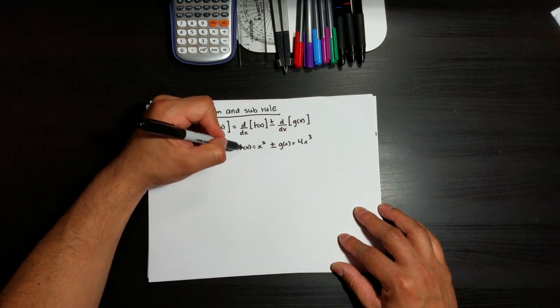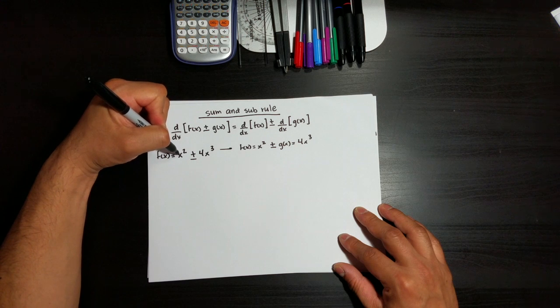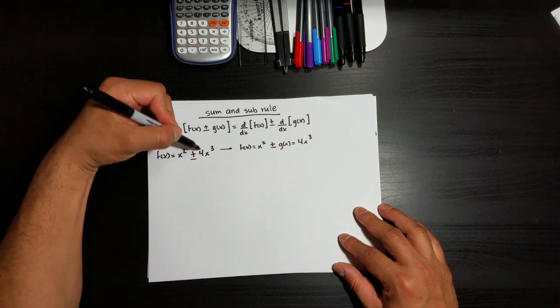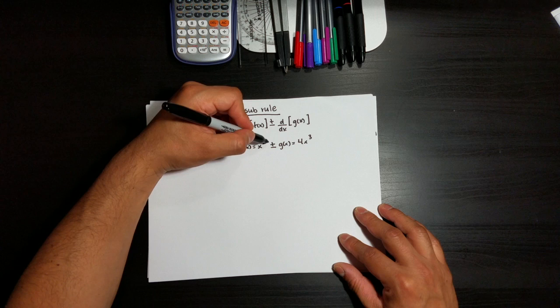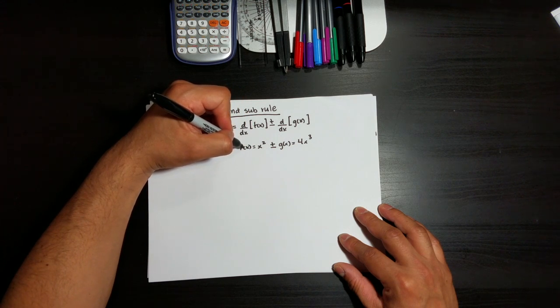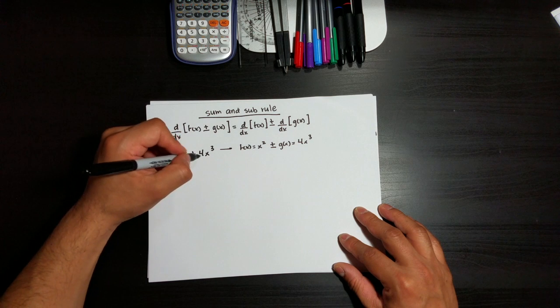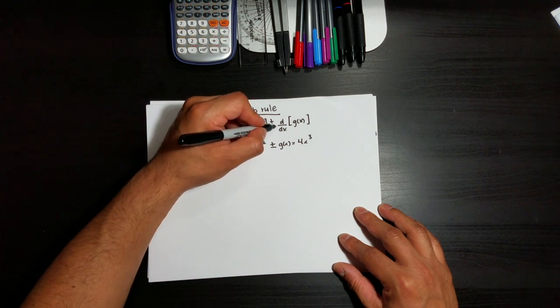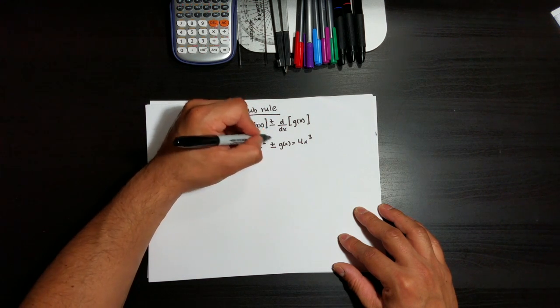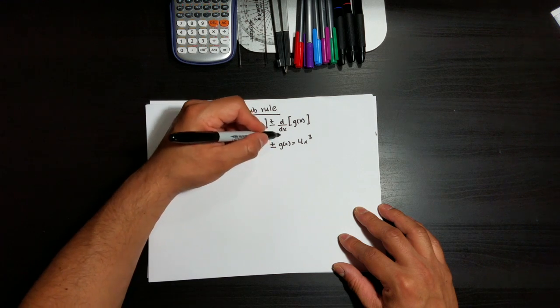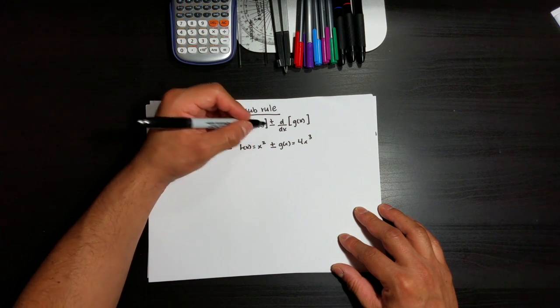So what the rule says is that you went from this equation that looks like this to something that looks like this. So even though you're separating the terms, in the end, you will get the same answer. So this is just what the rule stands for. You never have to do this. You just have to understand what's going on over here.